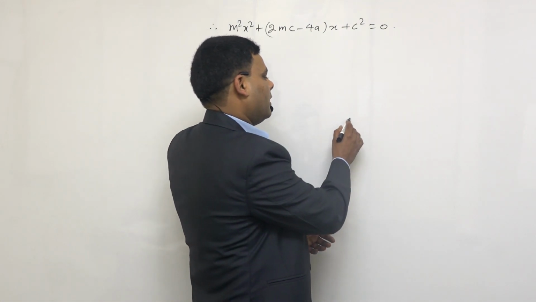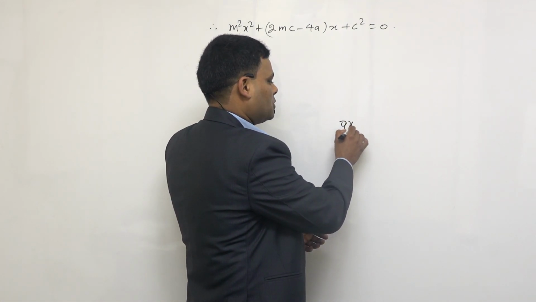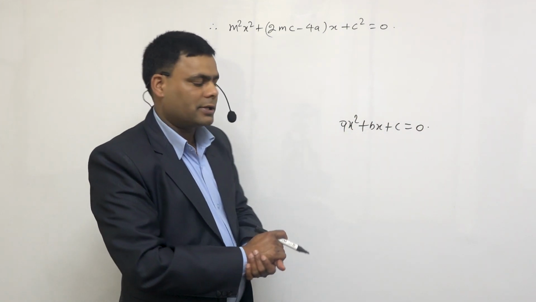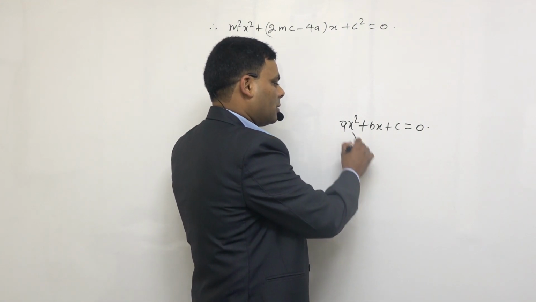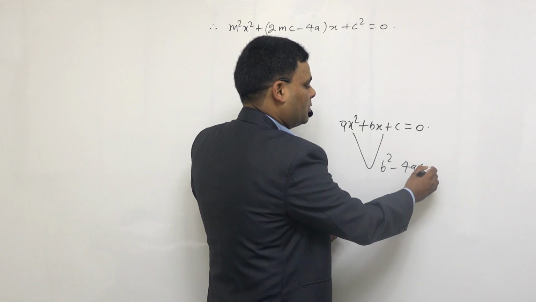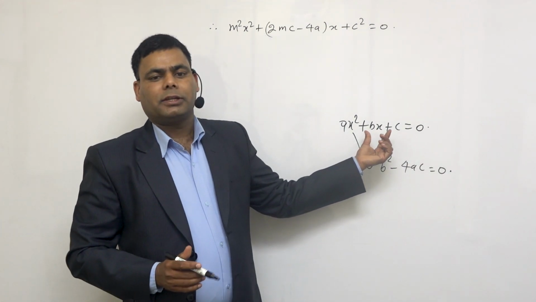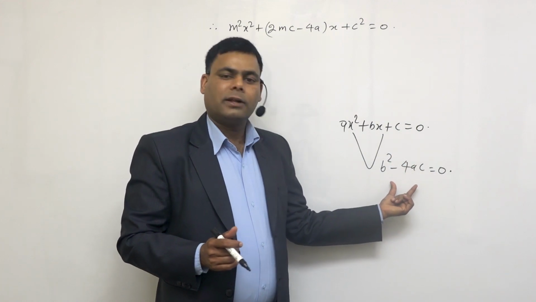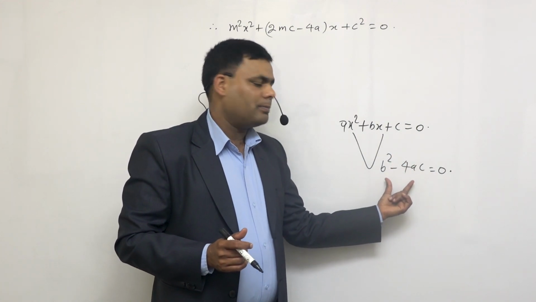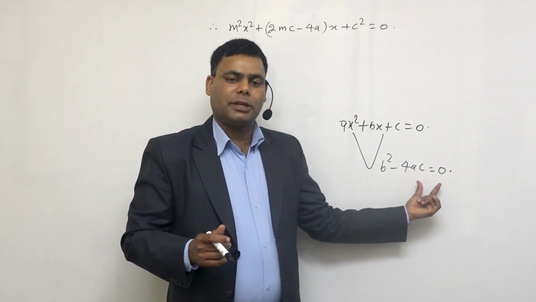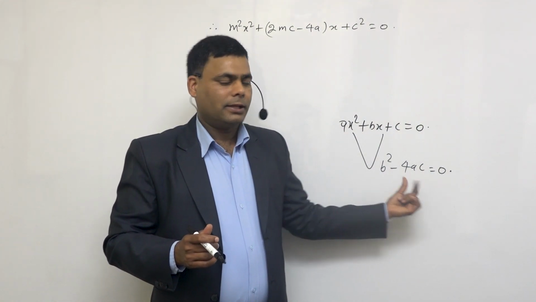For example, if ax square plus bx plus c equals 0 is any quadratic equation, the roots of this equation are equal only if b square minus 4ac equals 0. यदि कुनै क्वाड्रेटिक इक्वेसनका दुईटा रुट इक्वल छन् भने त्यसको के हुनुपर्छ, discriminant. This term b square minus 4ac is called the discriminant, and this discriminant must be equal to 0.